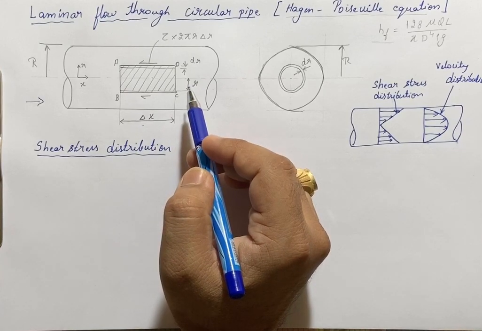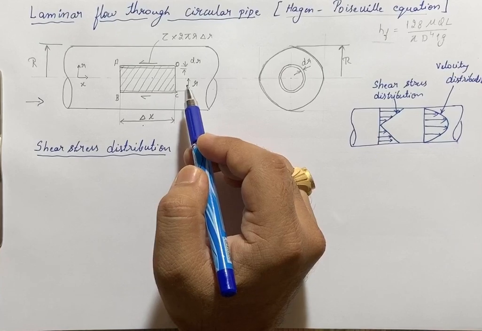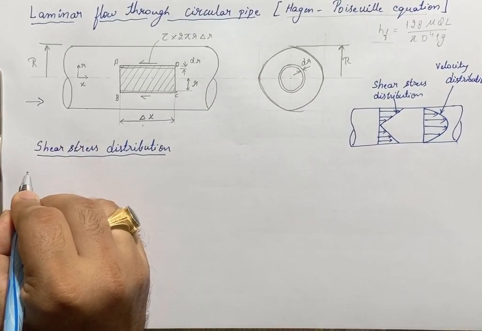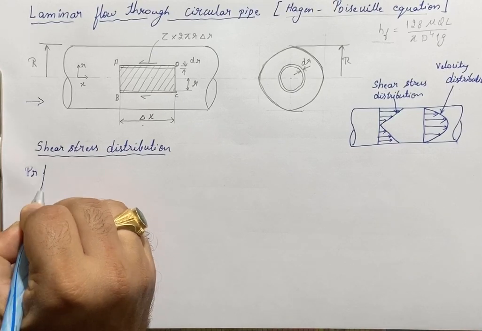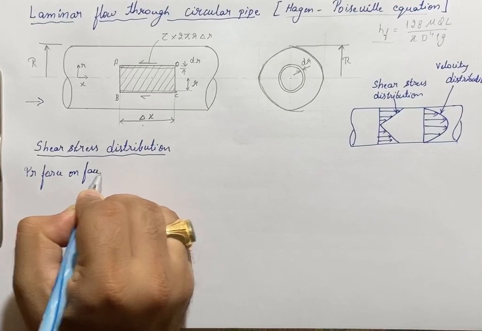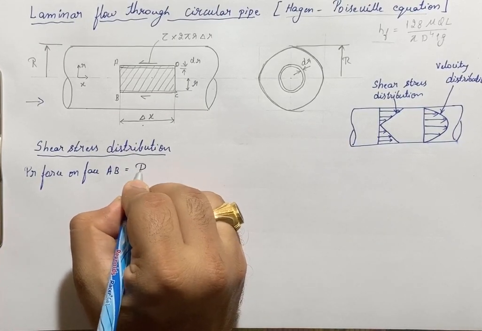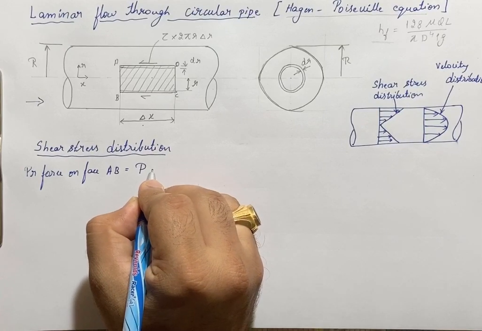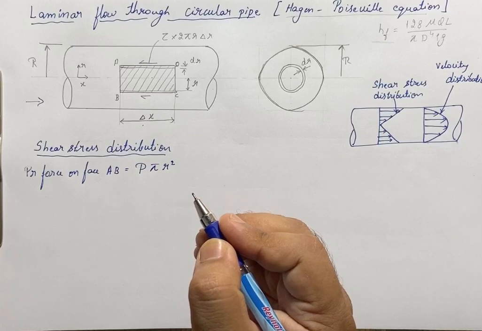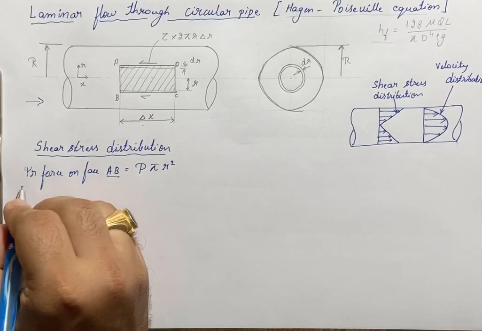Now let us write the pressure force on face AB. The force on face AB will be P, the pressure on face AB, into area, which will be pi r square or pi d square by 4. This is the pressure force on face AB.